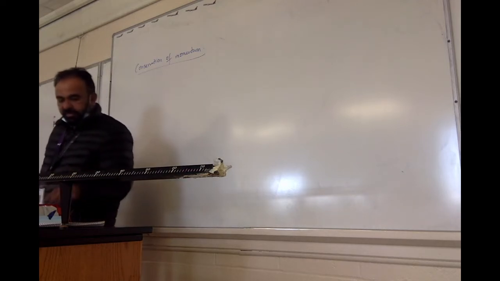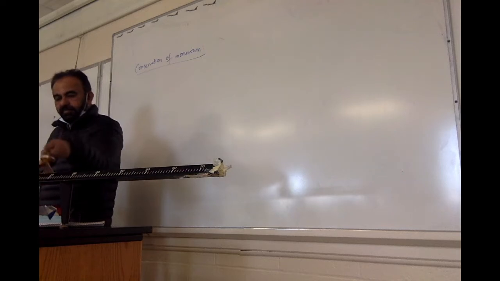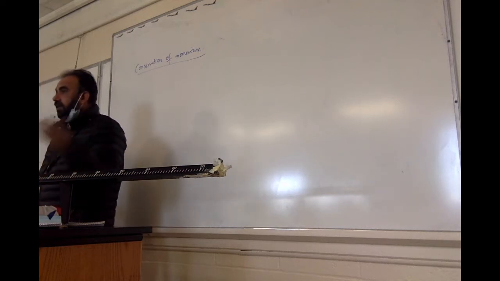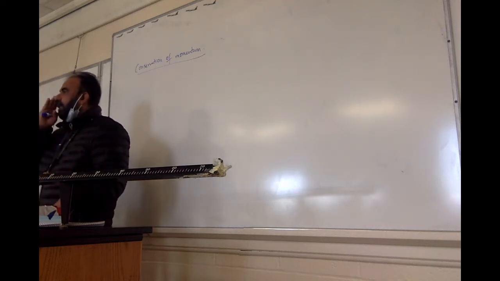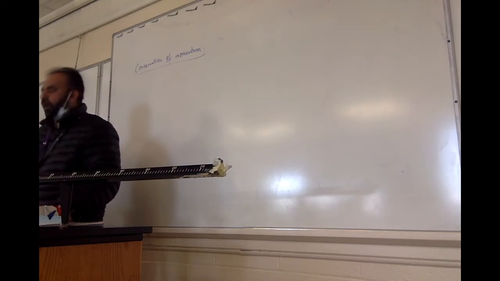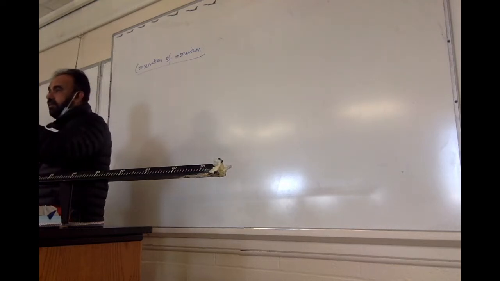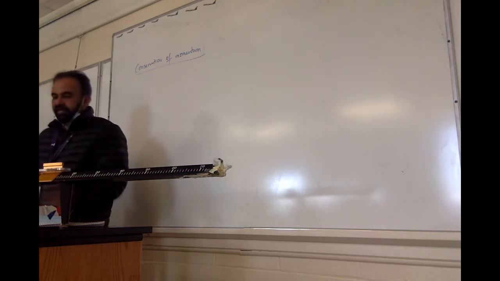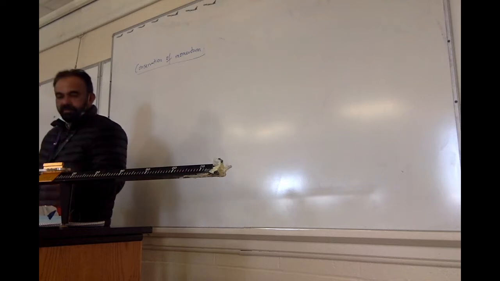So if I take this part and push it on this rail, I gave it a momentum, but what happened finally? Why did the momentum drop? Friction. Friction becomes the external unbalanced force. Because friction is there, it is stopping.